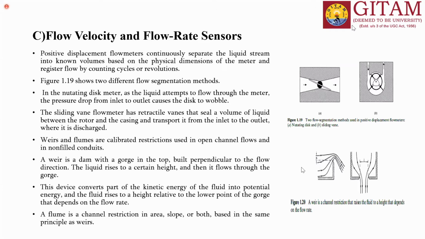If the flow rate is more, we will get more liquid from this weir. These are called positive displacement flow meters. The first one is the nutating disc, the second one is the sliding vane, and the third one is the weir flow meter.